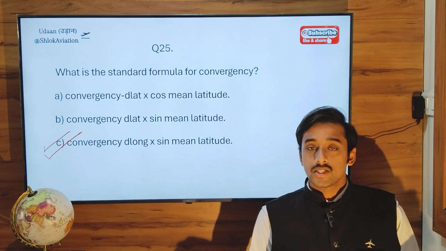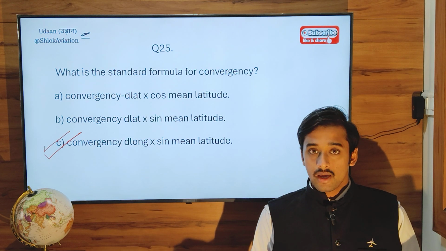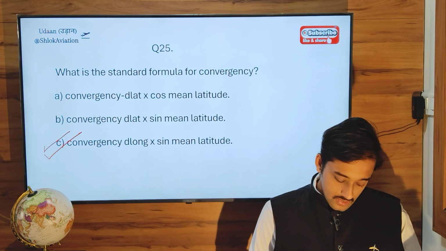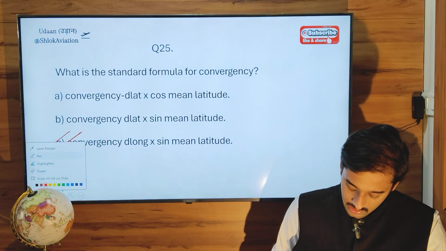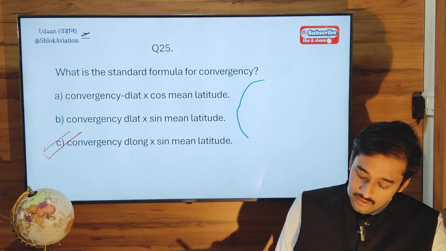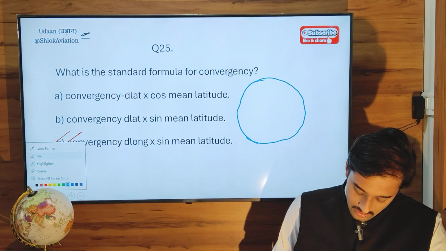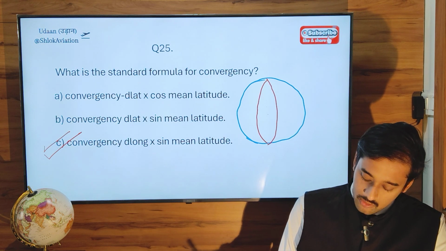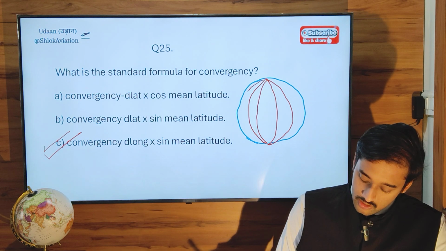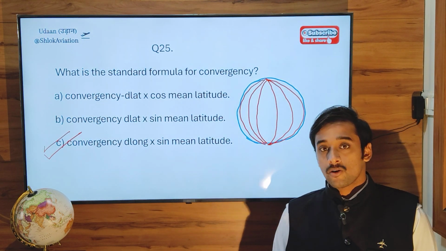Convergency is a phenomenon which is associated with longitudes, or meridians of longitude. On the earth, we have meridians converging at the North Pole and South Pole. But in the case of latitude, what do we observe?